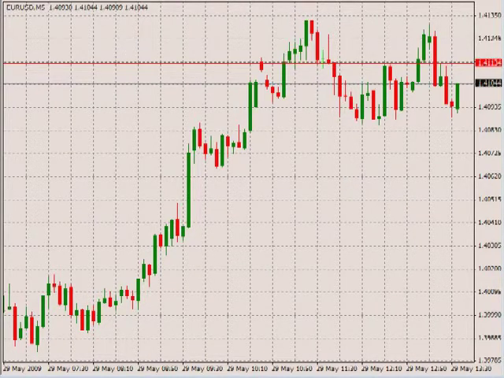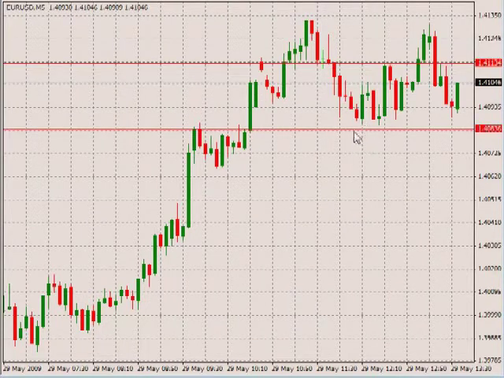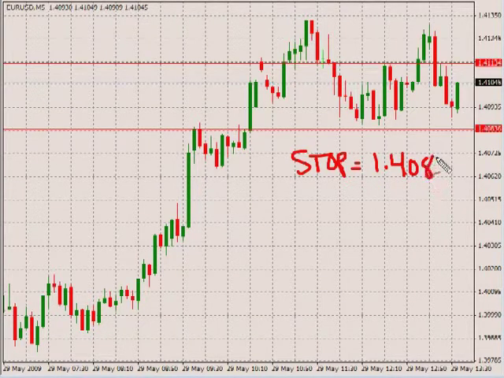Now, if we were to get into there at this point, we'd put our stop right below the previous low here. And so we'd have our stop somewhere around, write this down, stop is going to be right around 140.86. Go out to the 5th digit here.